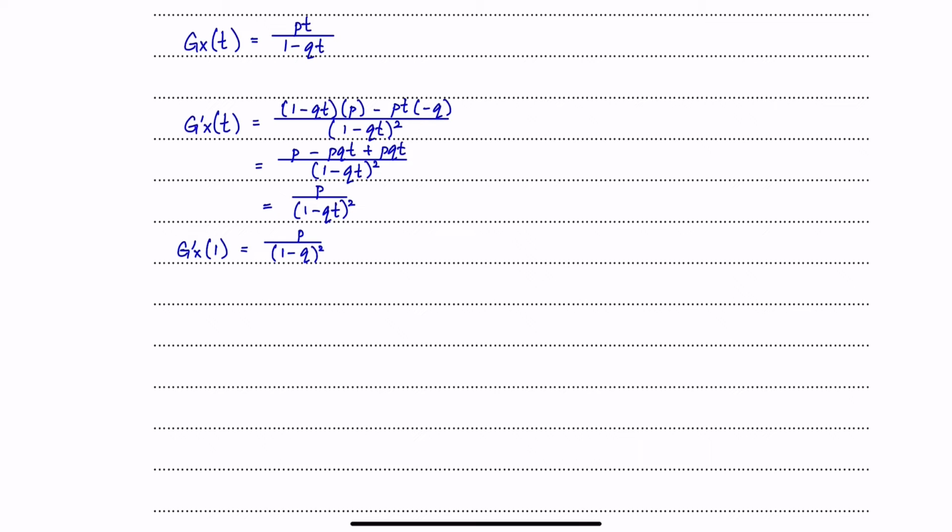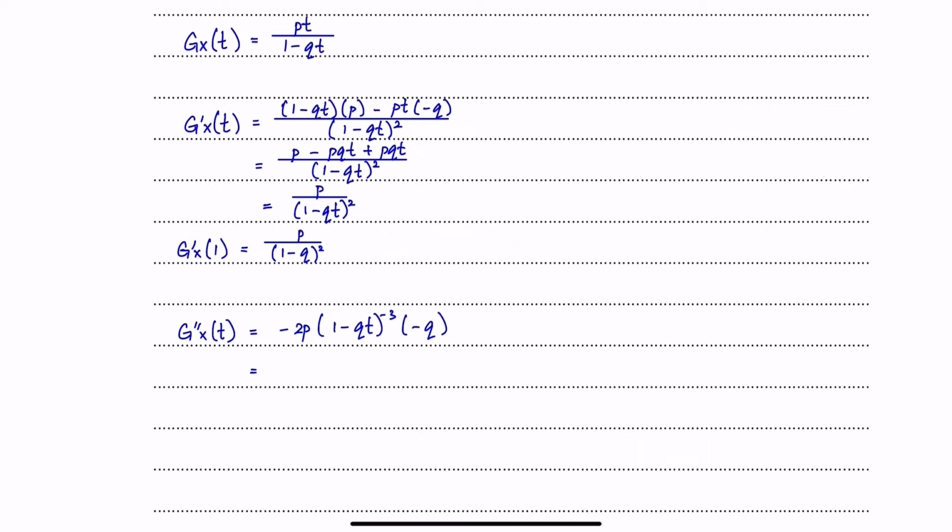And now we can find G prime prime t. So we differentiate this expression again. We would get negative 2p times (1 minus qt) to the power of negative 3 times negative q.